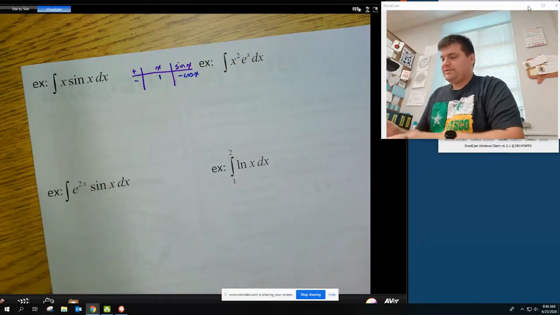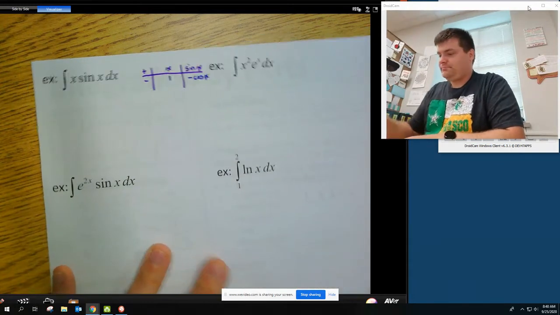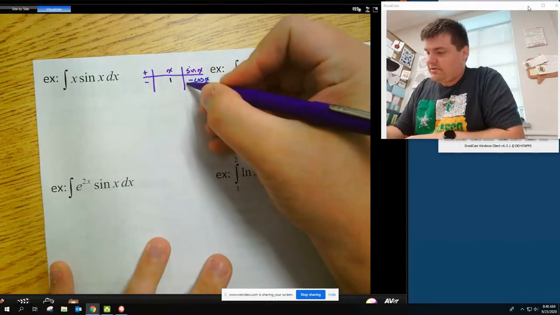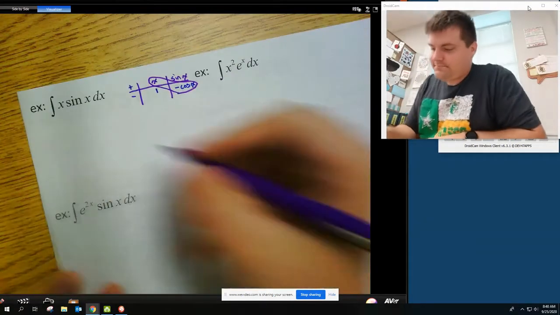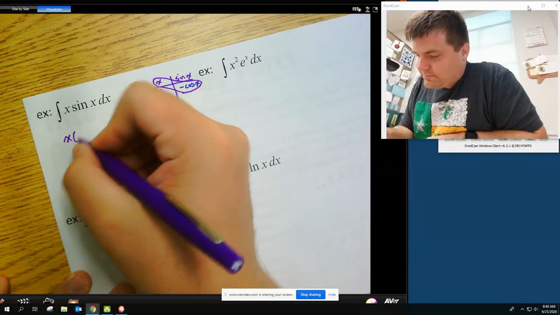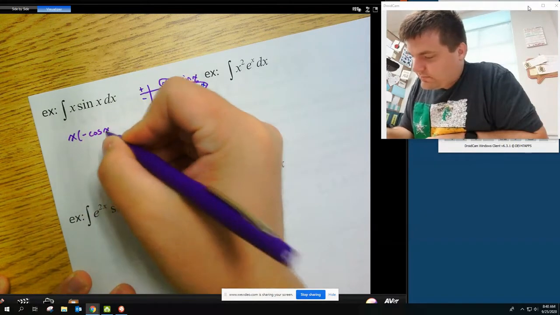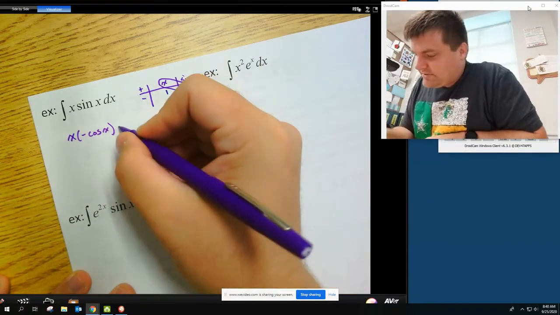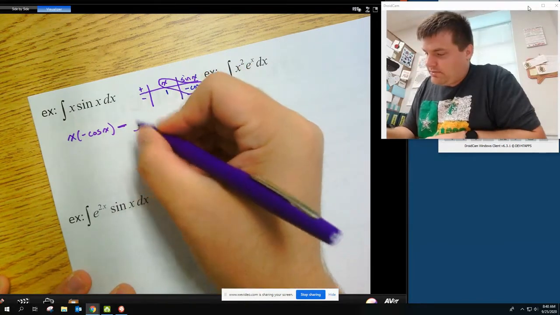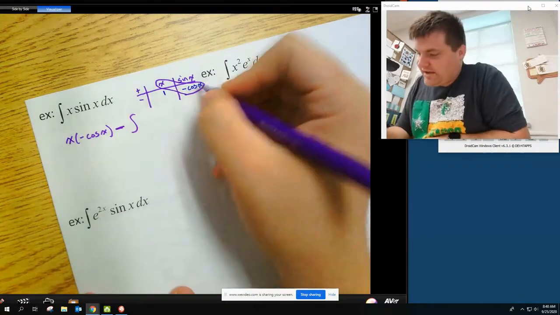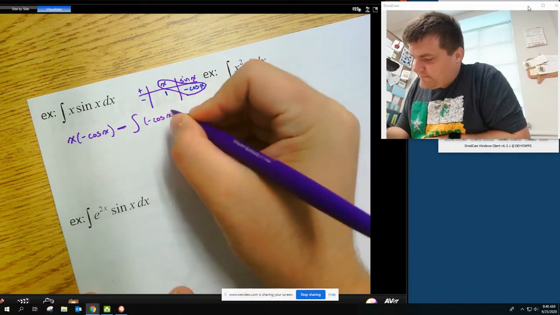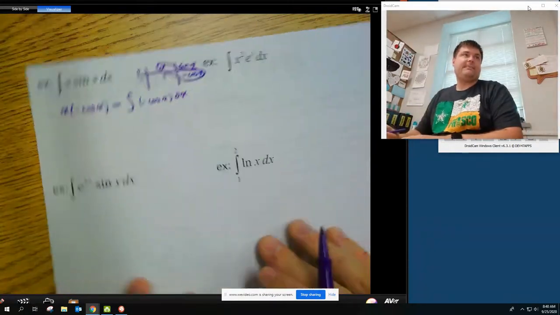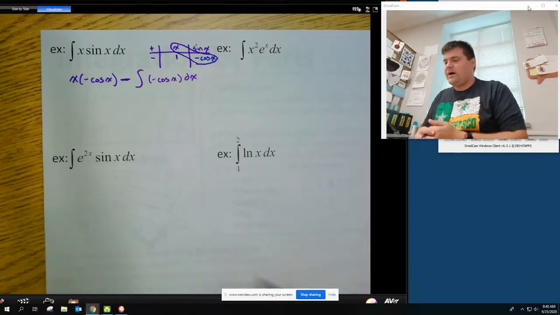So this is how this works: you would do x times negative cosine of x minus the integral of 1 times negative cosine of x dx. Just kind of walking you through how this process works.